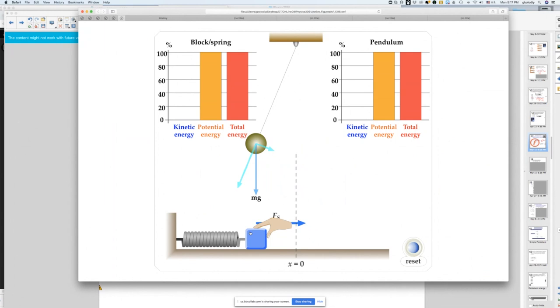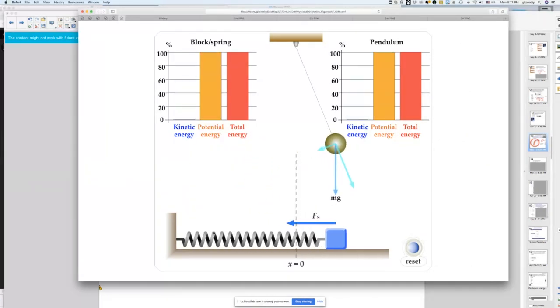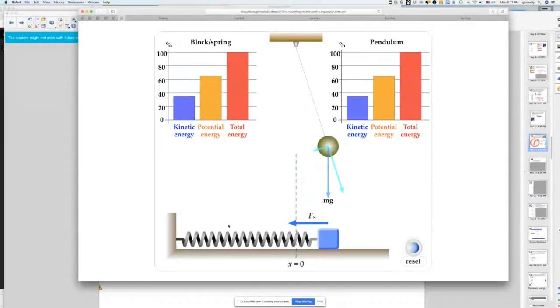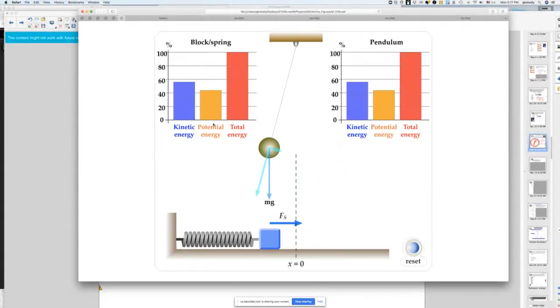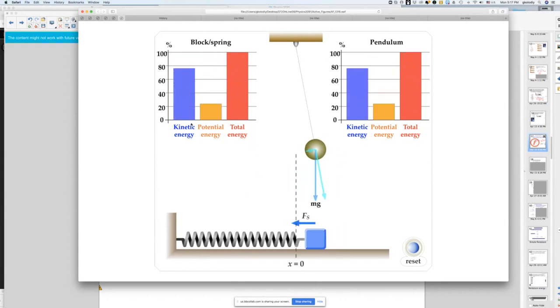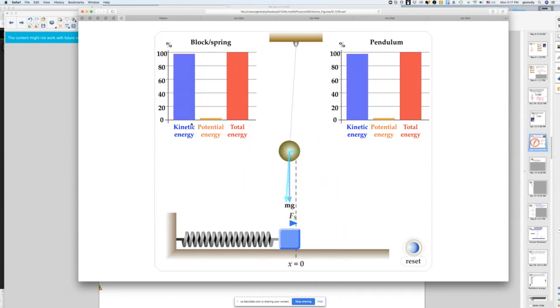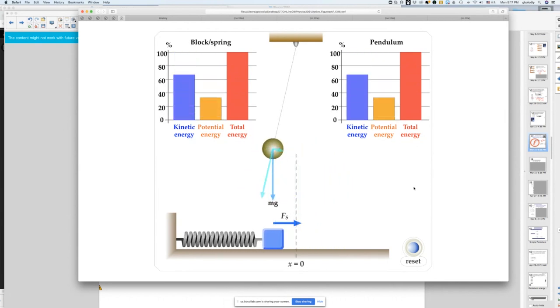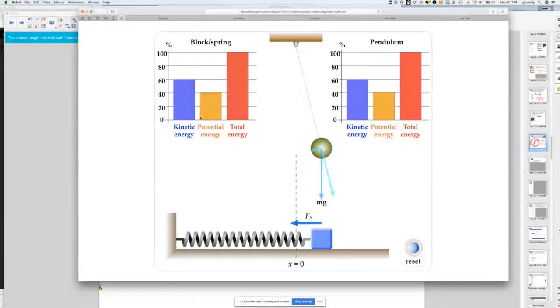But what happens when I let it go? Look at what happens to the kinetic, potential, and the total. The total is red, it stays constant, but the kinetic plus potential change. When one gets bigger, the other one's smaller. All potential, all kinetic, all potential, all kinetic. For both of these, they're exactly the same.